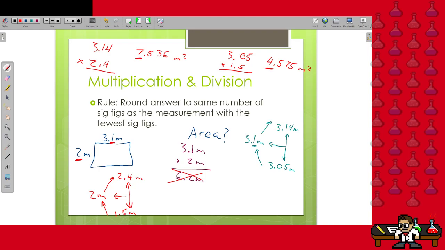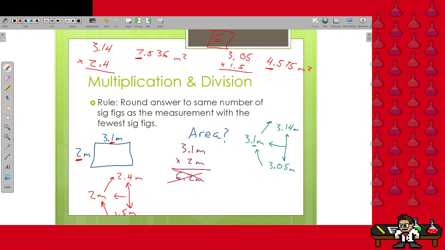Because our ones values don't agree with each other in the upper bound or the lower bound, that means this is where our estimation is going to take place. So now we're going to pick a number somewhere between 7.536 and 4.575 that's rounded to that ones place. And if we looked at between 4.5 and 7.5 on a number line, almost smack dab in the center is going to be this number 6.